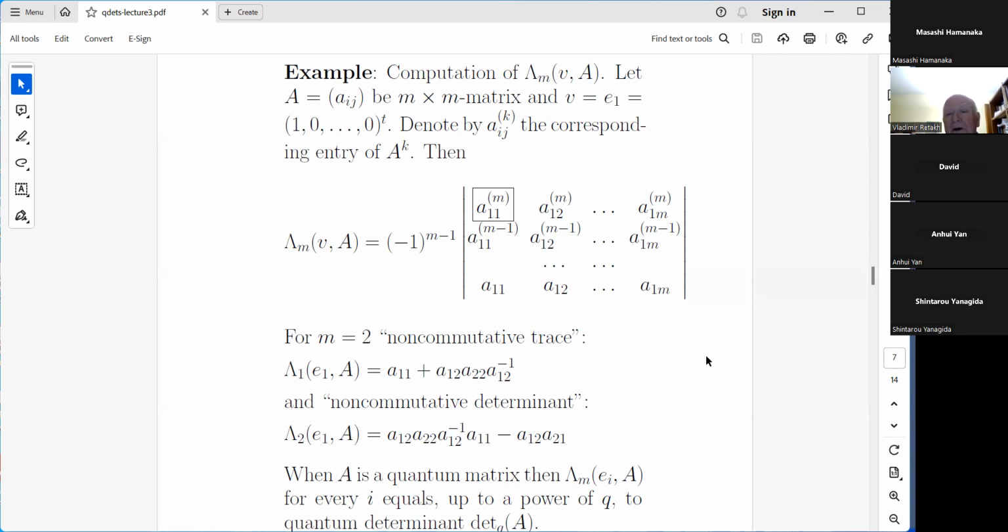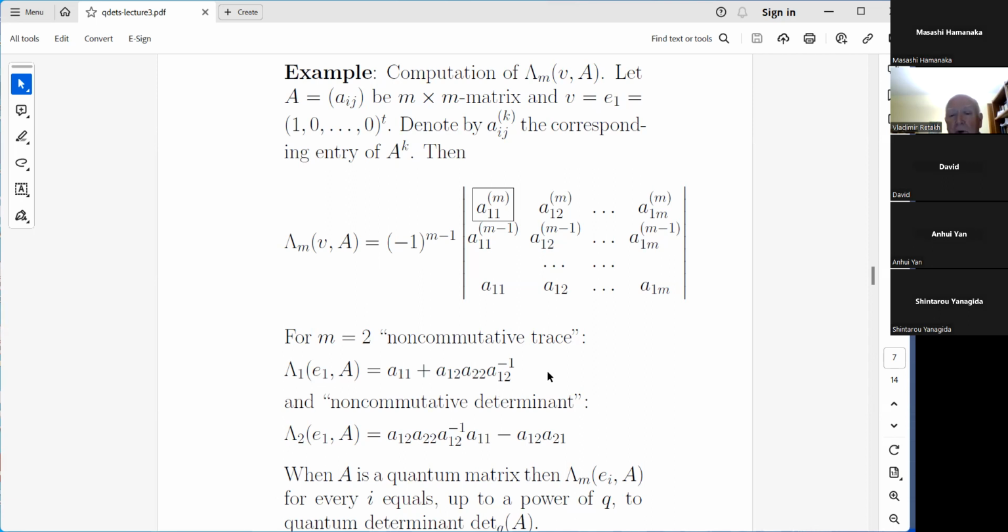Now, just to convince you that it looks like a determinant, I consider the simplest case, and I take m equals 2. Well, again, v is just this coordinate vector e1. Okay, and then I can compute the trace, non-commutative trace, but then there will be many non-commutative traces.